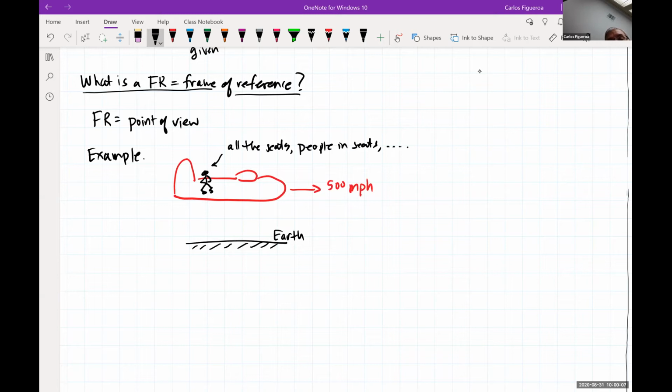And as far as you're concerned, you are at rest in that plane, even though the plane is moving 500 miles an hour. If I had another observer over here on the ground, to that observer, that frame of reference of the Earth, we would then say everything there was traveling at a constant 500 miles an hour.